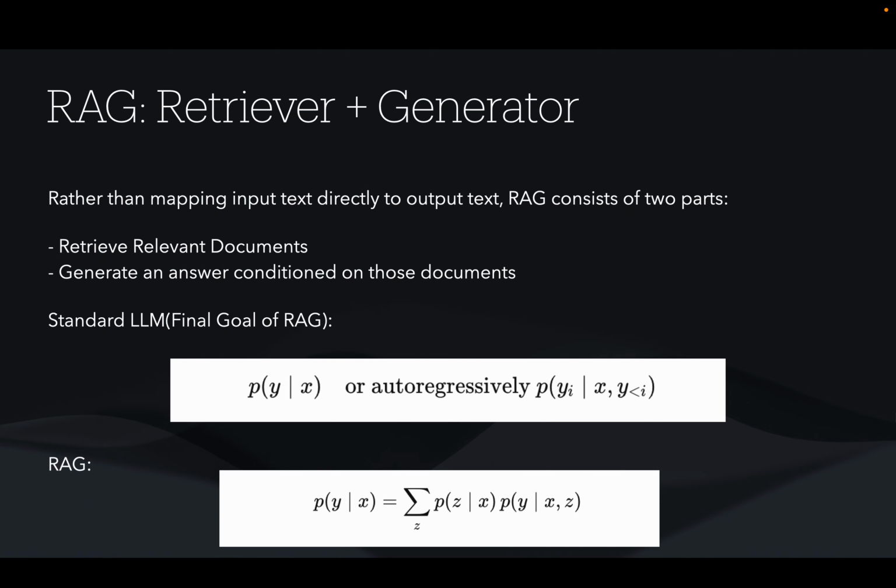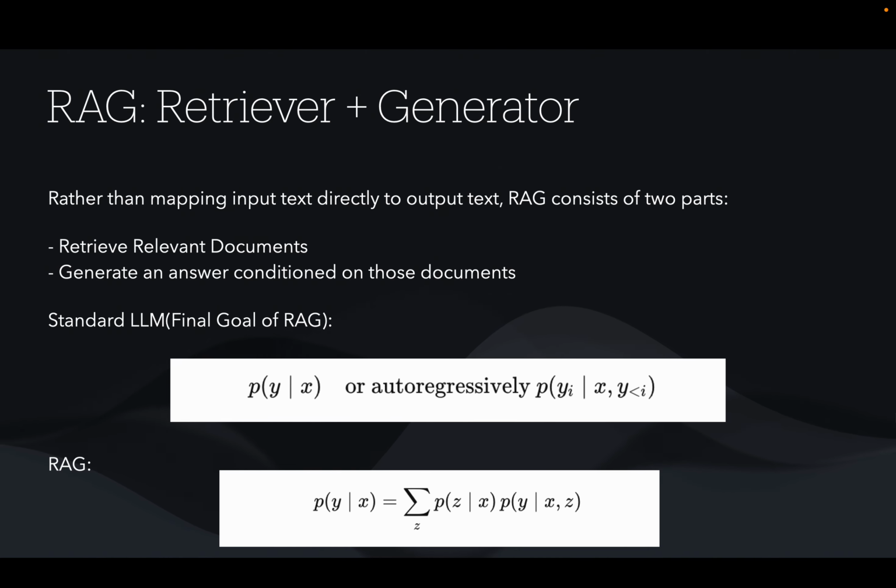RAG introduces a latent variable z, if you can see the whole equation, which represents a retrieved document. So it is retrieved document z, or latent vector z. So instead of going directly from input x to output y, the model says, first decide which documents might help. First, let's find z. Then generate the answer using the z, not just x, but also z.